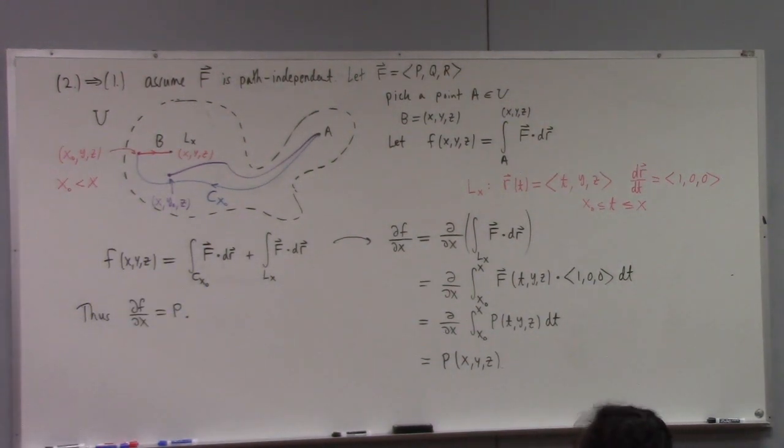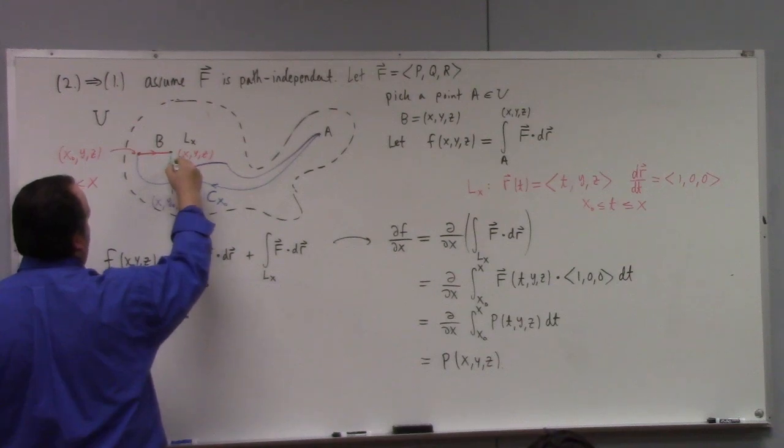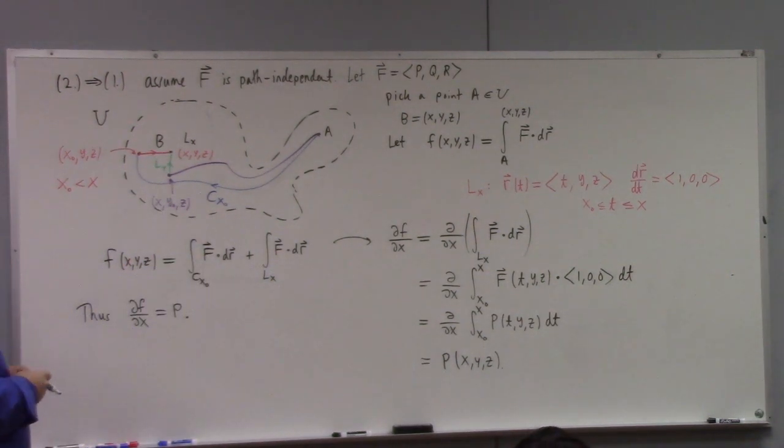And run a vertical line segment from there into the point, like an L sub y, let's say. And going through the same argument, the partial f, partial y would not depend on the purple curve. It would just depend on the vertical line segment. That's the only thing that has the y dependence.